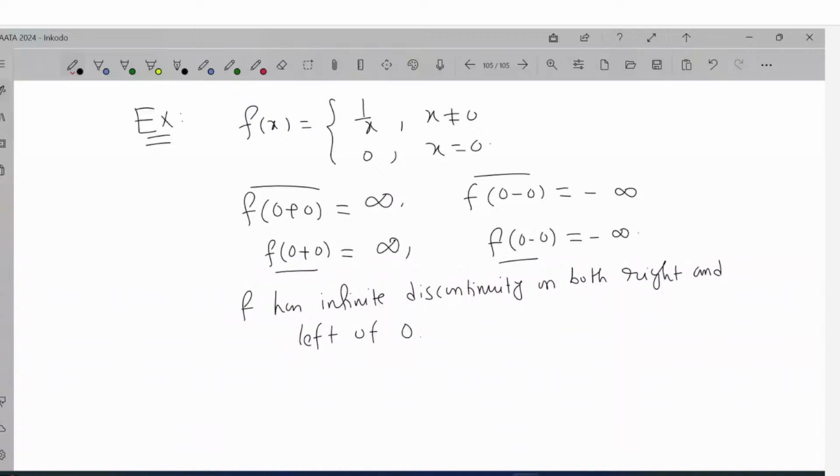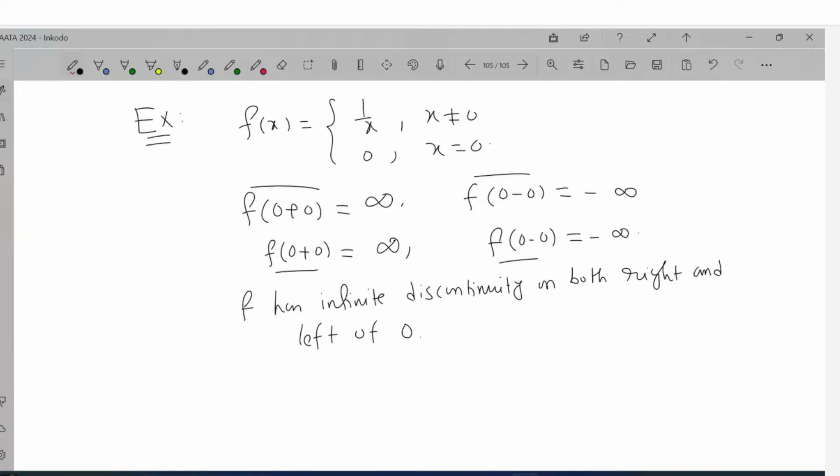Now whatever if you put the mod value, mod of 1 by mod of x, it would be infinity, but for the negative it will be infinity as well. So all will be infinity in that case. The minus infinity will not be there. Because whenever xn converges to 0, 1 by xn obviously converges to infinity. And now if we have the mod value, then we are not going to get the negative value.